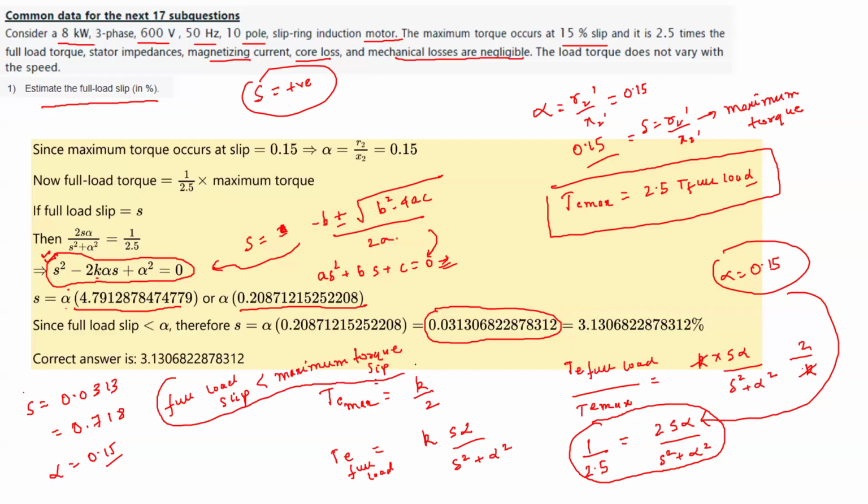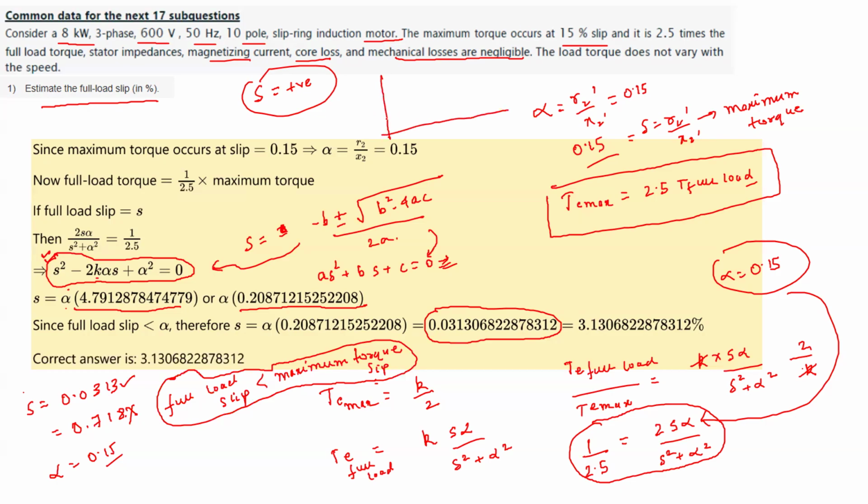In the two solutions, compared to 0.15, one is 0.0313 and one is 0.718. So this 0.718 is not the correct answer. It has to be less than 0.15.